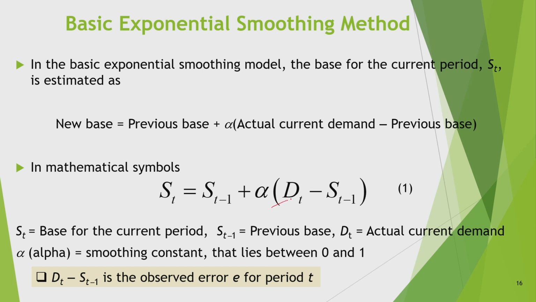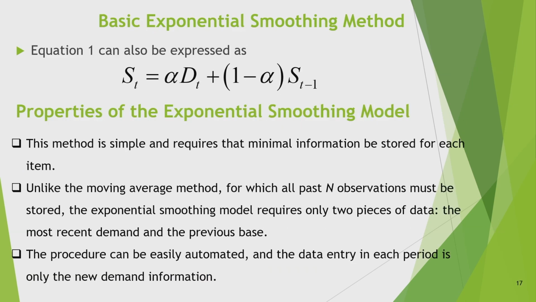So, this whole thing can be called error. So, alpha times error means you are giving some weightage to the error in this method. Equation 1 can also be expressed as S_t = alpha d_t + (1 - alpha) S_(t-1). That means the smoothing constant times actual demand in period t, and then the base also is modified. So, you will get a new base from that.